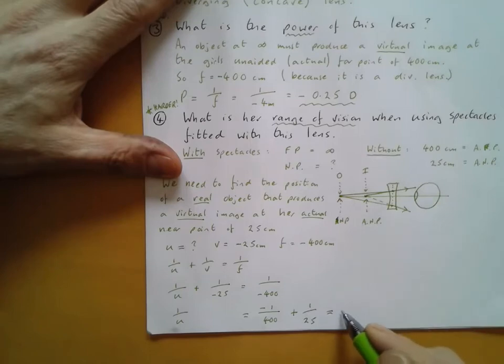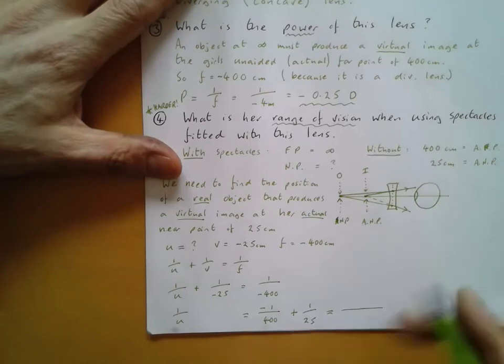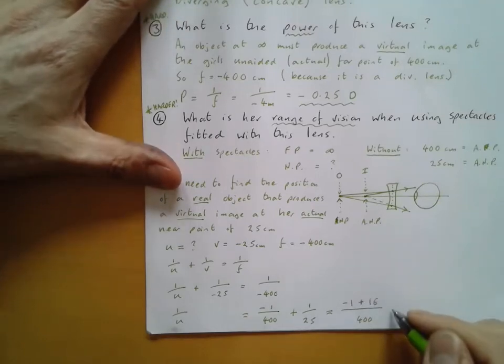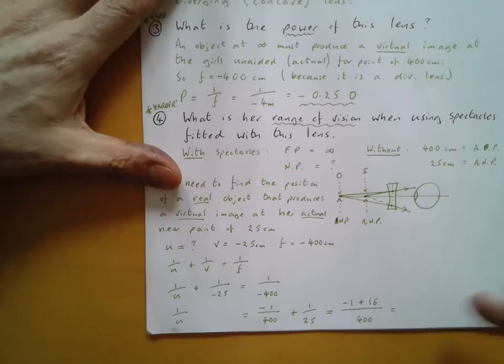Now, the lowest common denominator for 25 and 400 is 400. So we have negative 1 400th. 1 25th is 16 400ths, so that's plus 16 400ths. And that gives us negative 1 plus 16, which is 15 over 400.